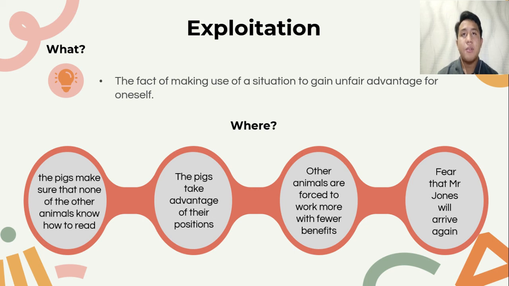The pigs have also used lies and false statements to force the animals to do their tasks, as they were told their greatest fear. And that fear is, the next point, fear that Mr. Jones will arrive again. The other animals definitely wouldn't like it if Mr. Jones came back to the farm.